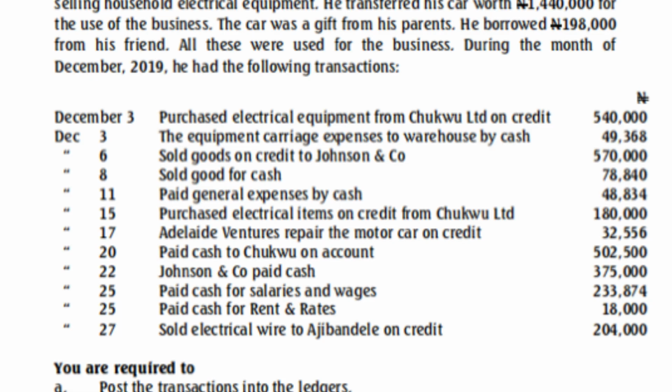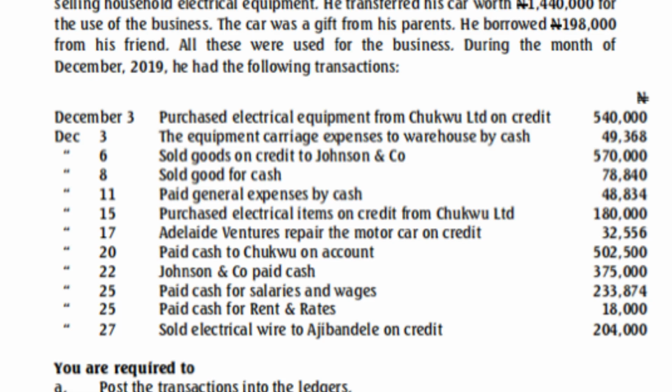Carriage inward, 49,368. Then next, we've got the sold goods on credit. That's a credit transaction. December 8, sold goods for cash. So that's our cash sales. How much? That's 78,840.